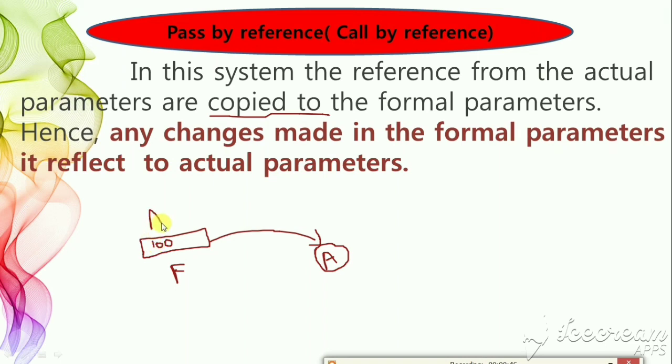If any changes are made in the formal parameter, since 100 is the address, it reflects in the actual parameter. So any changes made in the formal parameters reflect in the actual parameters, because we are passing the reference. So this is called pass by reference or call by reference.